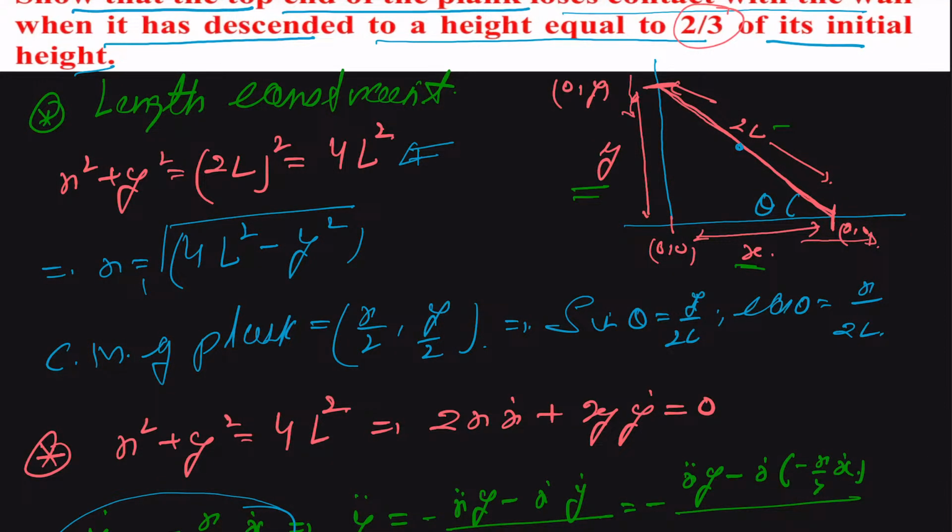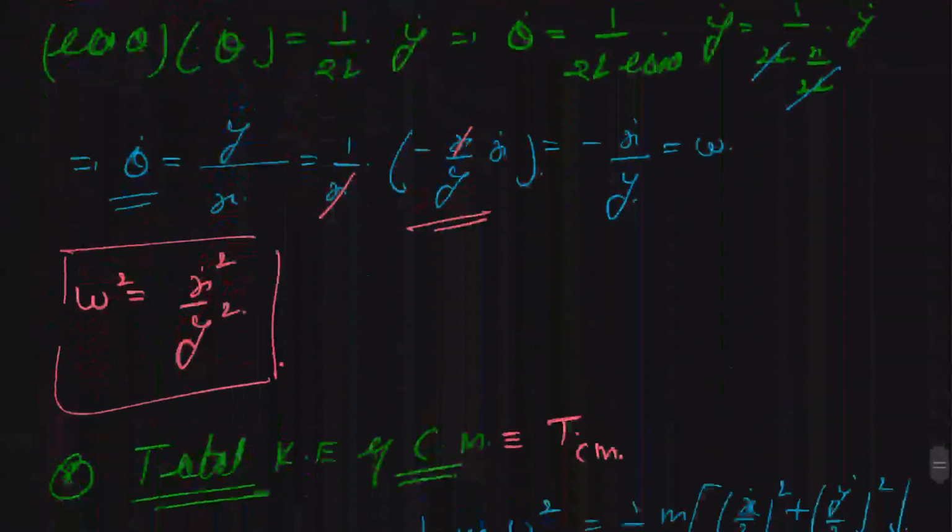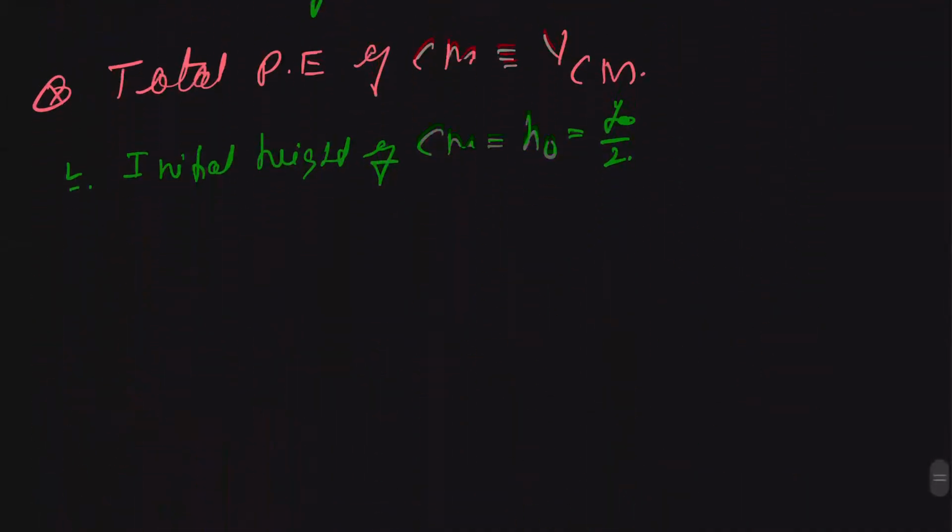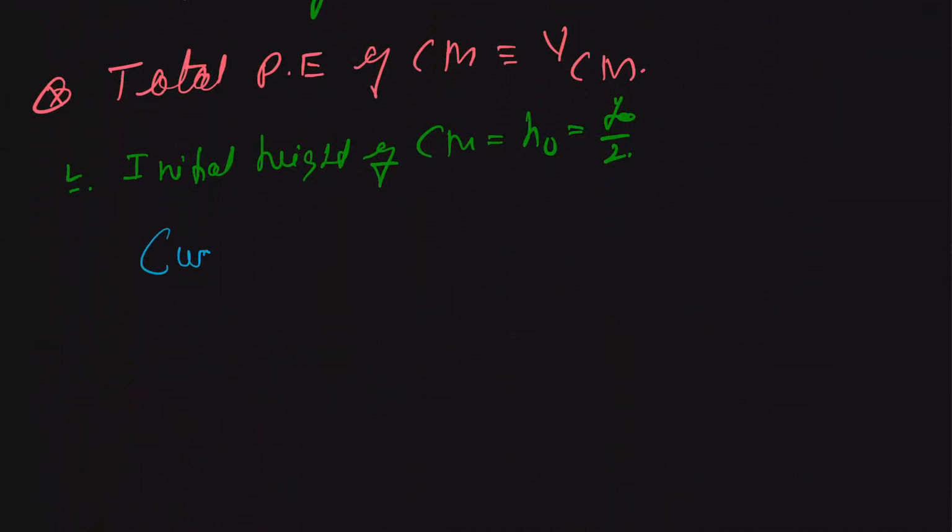This is initial, okay, and the current height of the center of mass, let us call this h, is equal to y by 2.